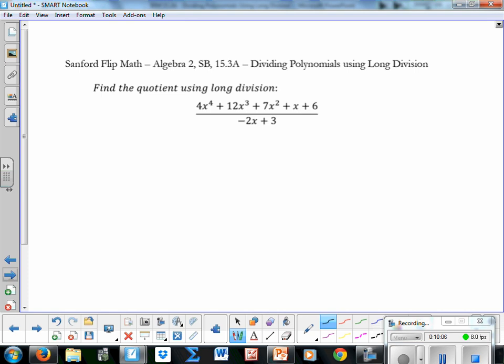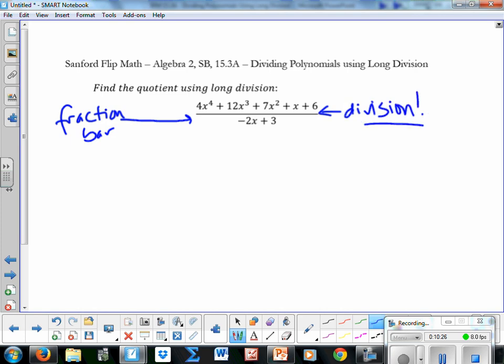All right, so let's set this up just like we have before. Now, the one thing to take note of is that this looks like a fraction bar. Well, just like fractions, it means that the numerator is being divided by the denominator. So this also means division. Just like in fractions, it's another symbol saying I'm dividing this polynomial here by this.